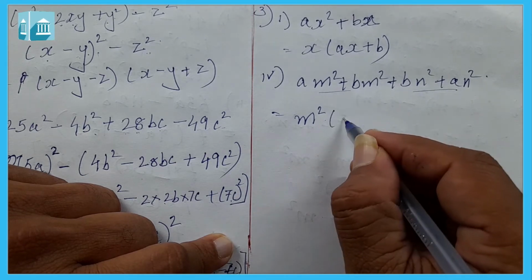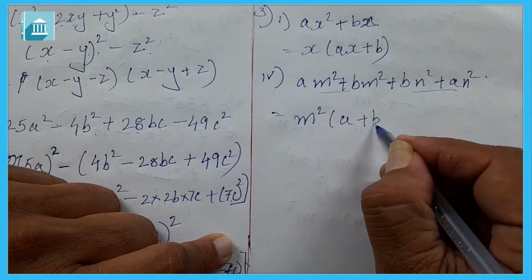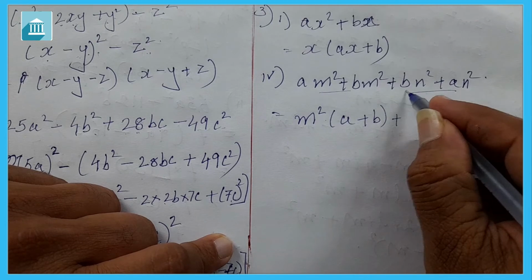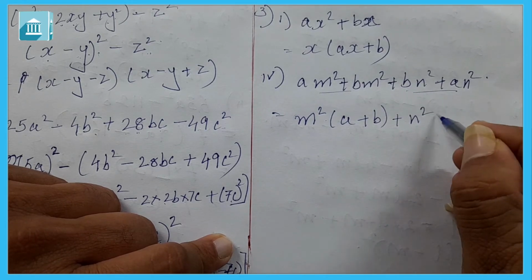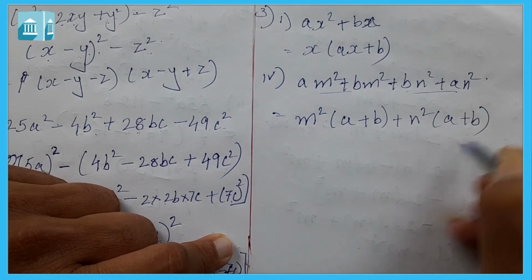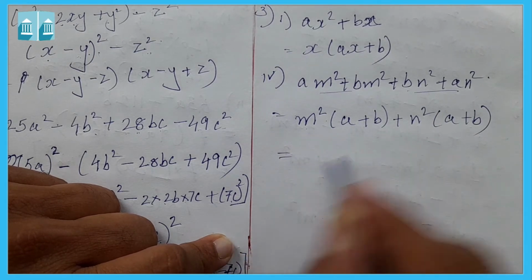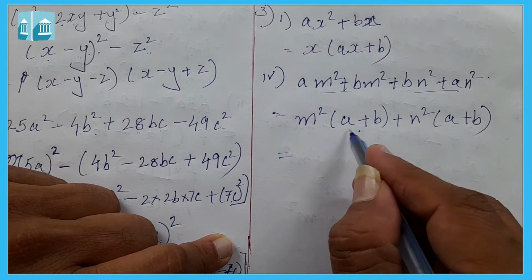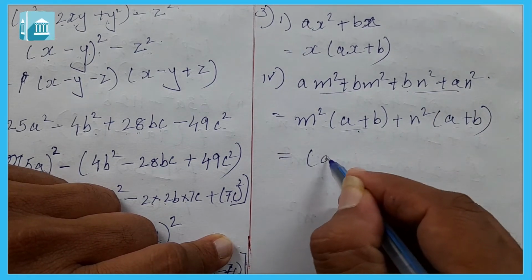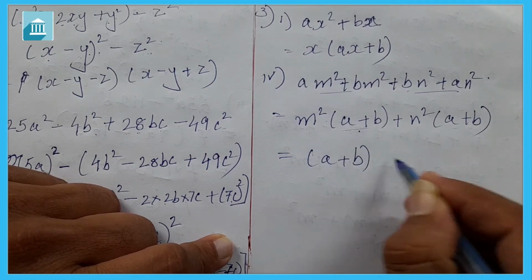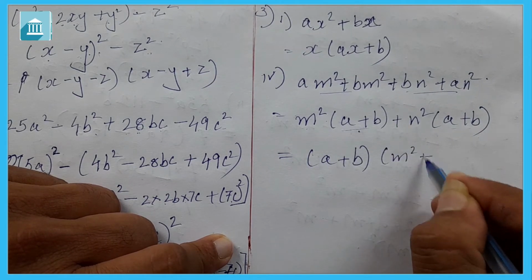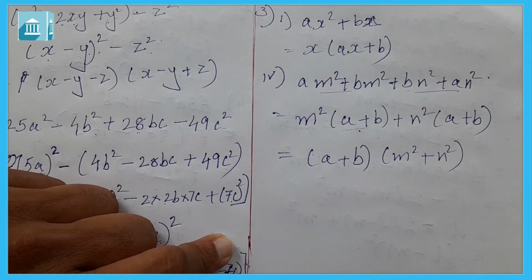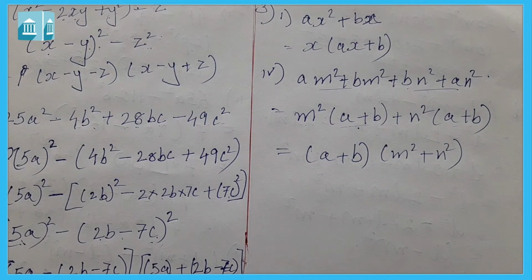So if you take out the common m square, then remaining here is a plus b, plus if you take out the common n square, then here a plus b. So again in these two terms, if you take out a plus b common, then it will be (a plus b) into (m square plus n square). So this will be the answer.